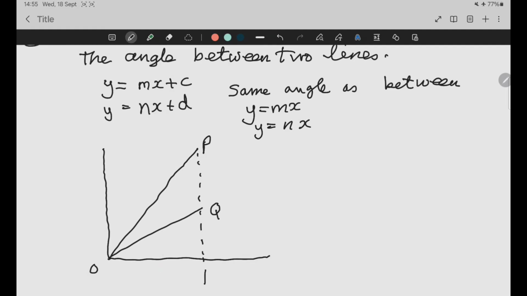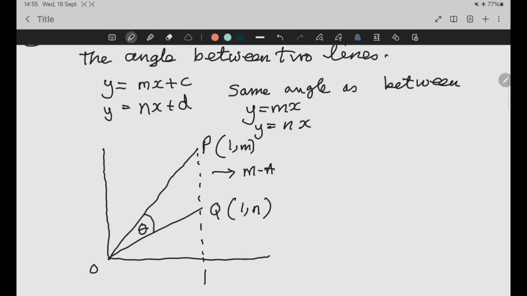Okay, so OP we'll say is y equals mx, so the coordinates here are 1 and m, and Q is the line y equals nx, so the coordinates here are 1 and n. So this length here is equal to m minus n. Let that be the angle in question.